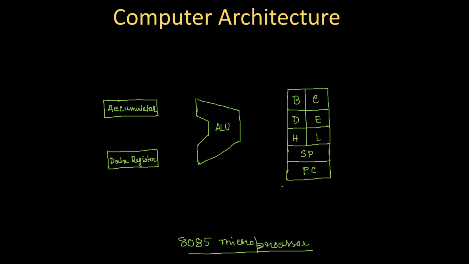That's why I have taken an example from this. Now, B, C, D, E and H, L are all general purpose registers, and these two that are given here are special purpose registers. What is the functionality of this, I am coming to very soon, but before that some special purpose registers are still to be written. One is present here.